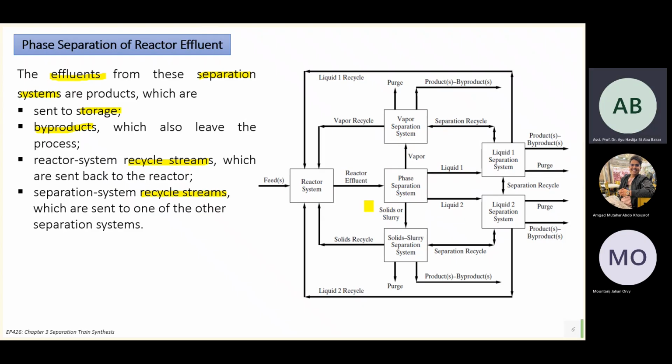Okay, so basically this shows how reactor effluent goes for the separation process. It can be phase, it can be binary or multiple components. It is not compulsory to recycle. It depends on your process. If it is worth it and feasible to recycle, then opt to recycle.